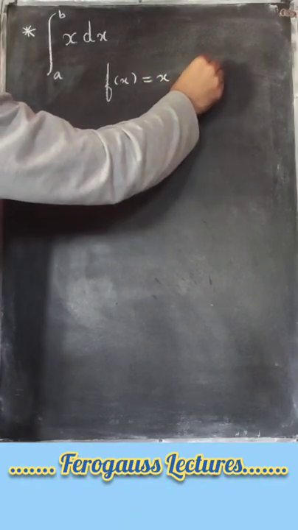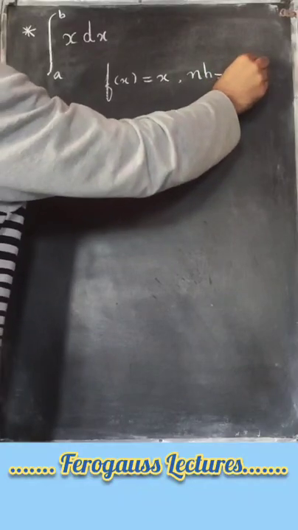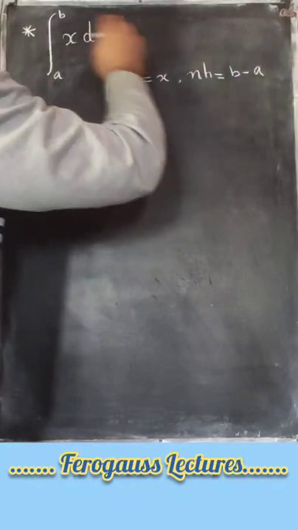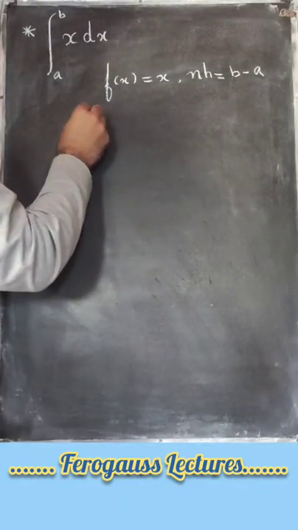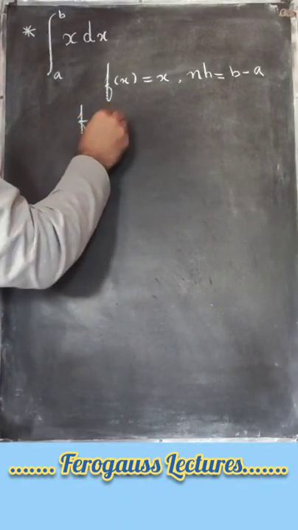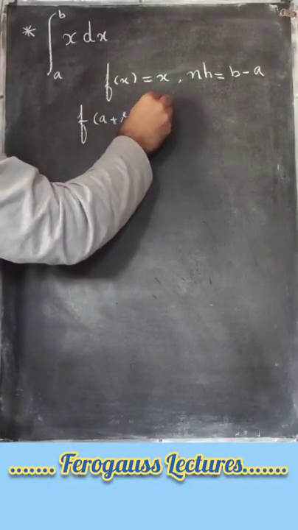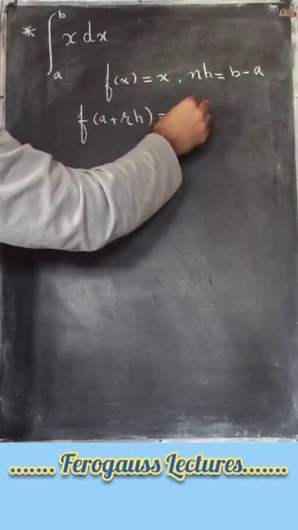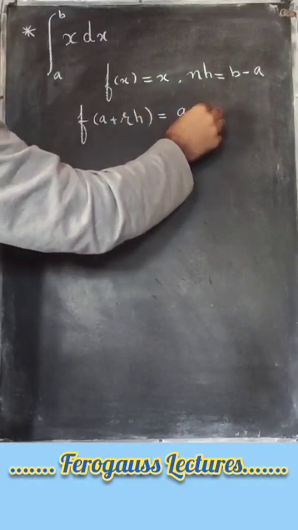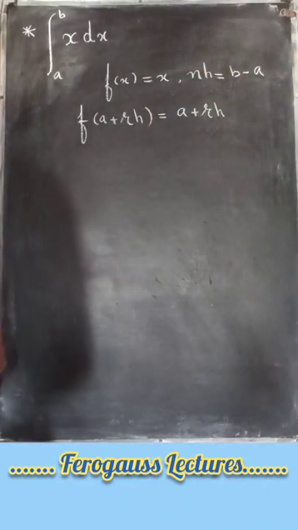Also, nh is equal to b minus a, that is upper limit minus lower limit, and we can write f of a plus rh. So we have to replace x by a plus rh, that is equal to a plus rh.